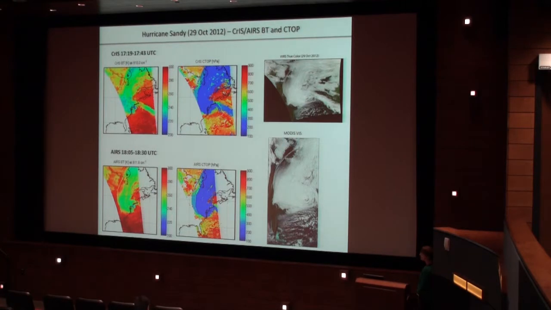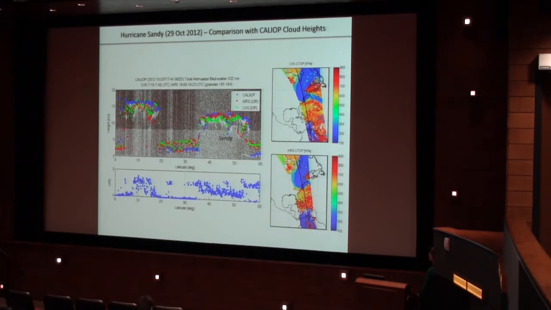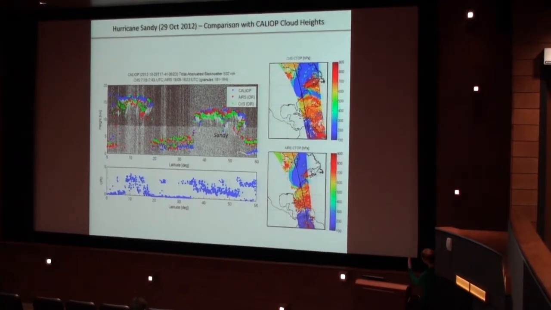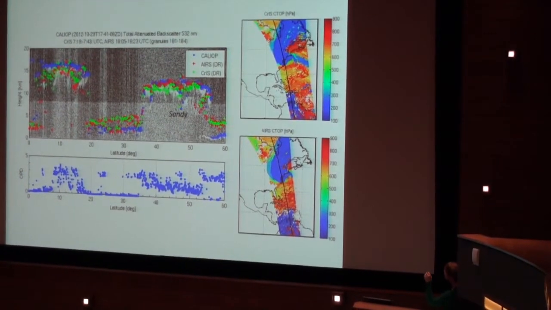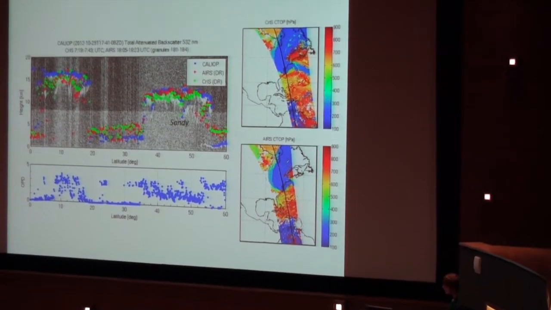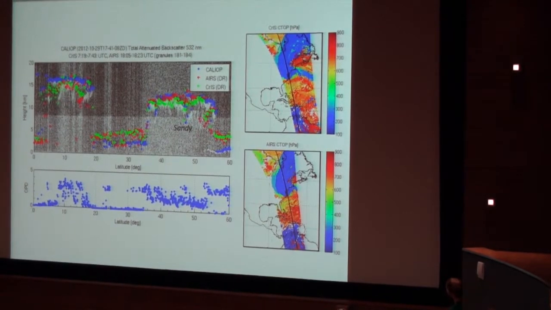We also studied Hurricane Sandy. Again, our cloud pressure retrievals compare really well with what we can see from the imager. So we have CIMSS and ERC and MODIS. This is now a cross-section of the same scene. So you can see Sandy and then the low-level cumulus over the ocean, and then the tropical high deep convective clouds.